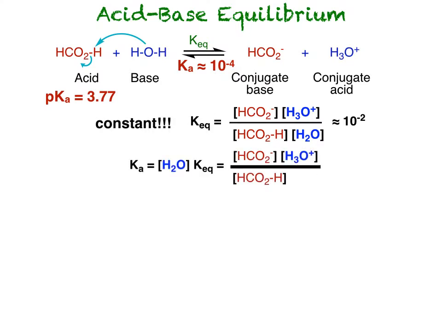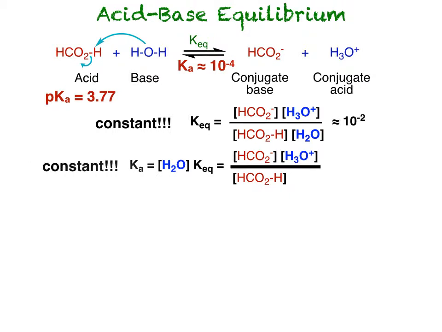That's because if we multiply both sides of the above expression by the concentration of water, which is constant in this case, it's 55 moles per liter. So we multiply Keq times the concentration of water. We multiply the right side of the expression by the concentration of water, and the concentration of water cancels out in the numerator and denominator. But this concentration of water times Keq, we define that to be Ka.